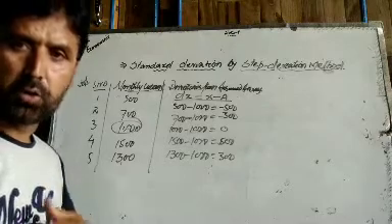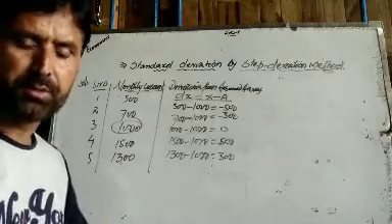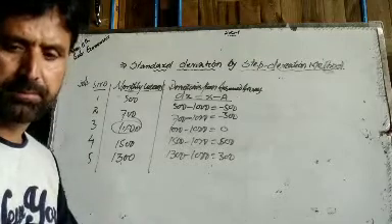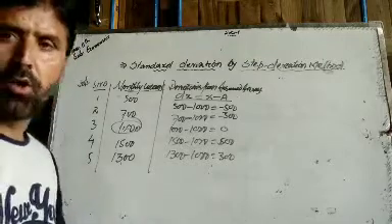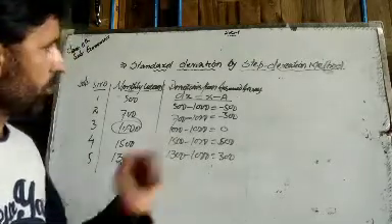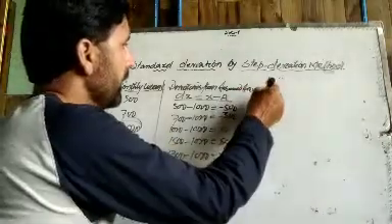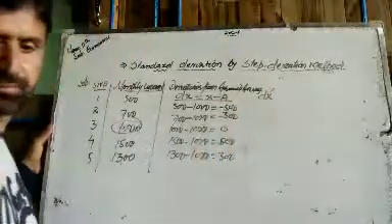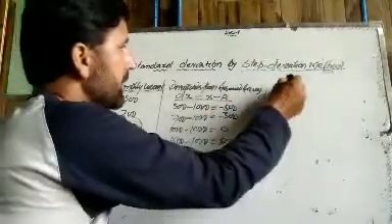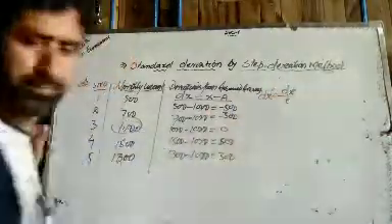When we are supposed to find the standard deviation by the step deviation method, we also find from this table dx dash, that is equal to dx upon c.